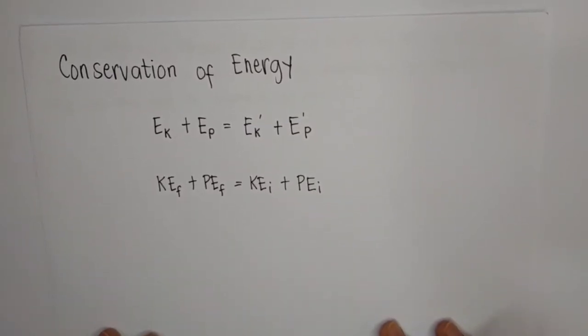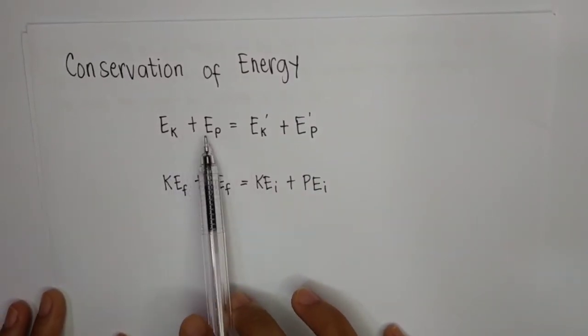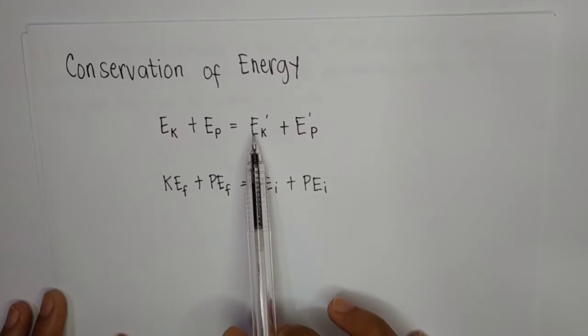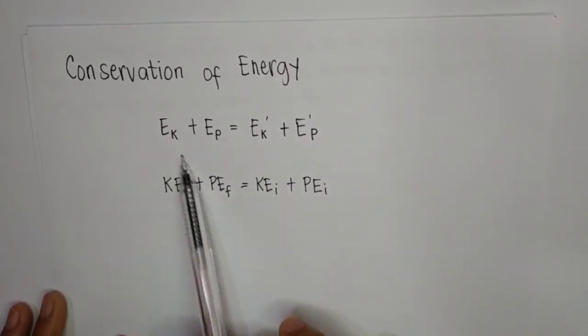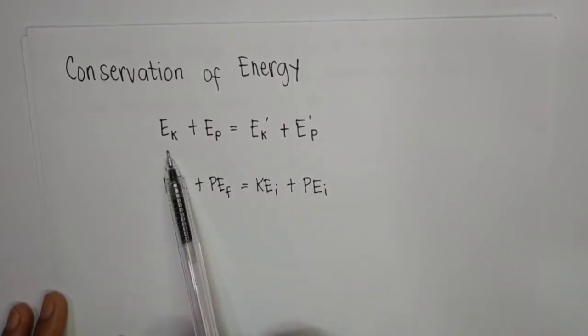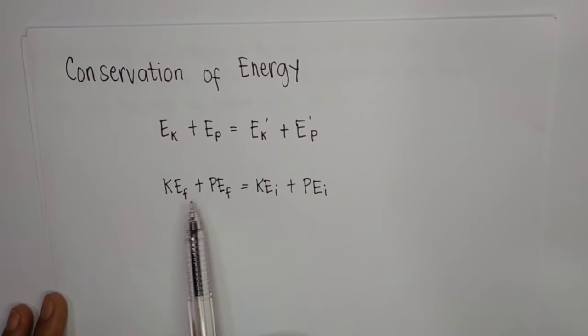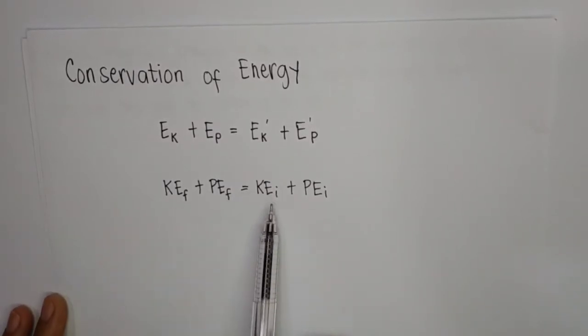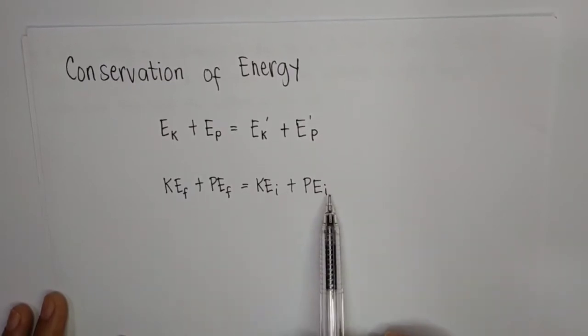We have here our equation for conservation of energy. We have here E sub k plus E sub p is equal to E sub k prime plus E sub p prime. Some use this equation, or I mean the way they represent the equation, and others use this one: KE final plus PE final is equal to KE initial plus PE initial.